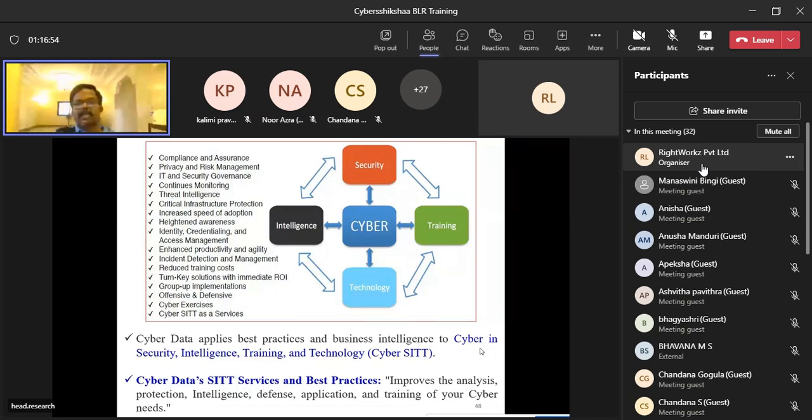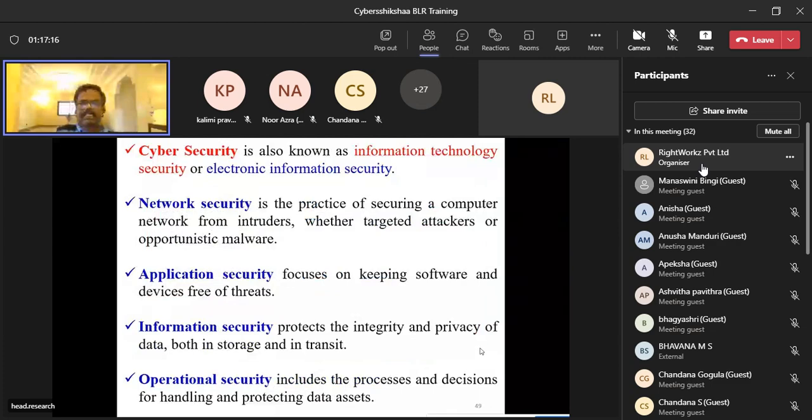Technology means application. Intelligence means the ability of thinking rationally. Security means we are providing data protection. Training means we are training the model for models.